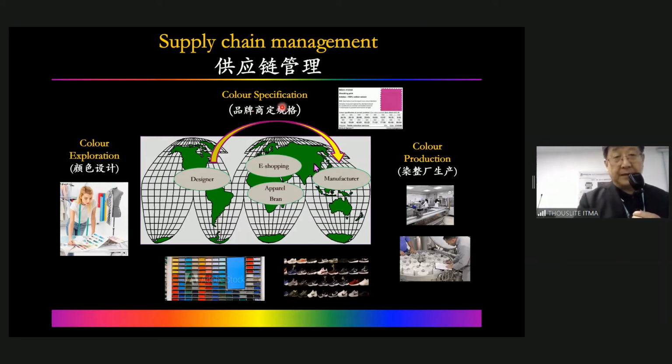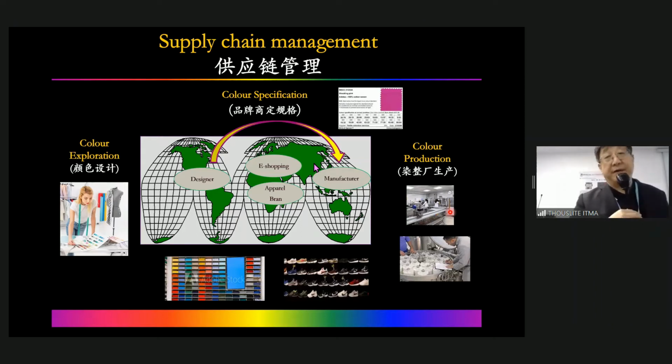The branding people do the color specification, and then they produce the shade card using the real sample together with the reflectance, and then finally send it to the dye house for color reproduction, okay?